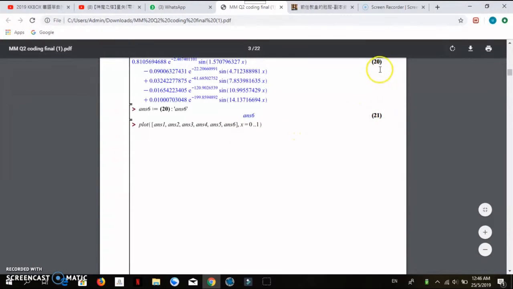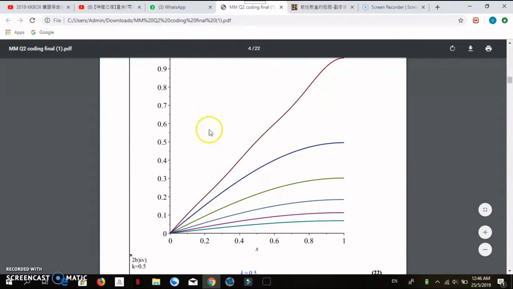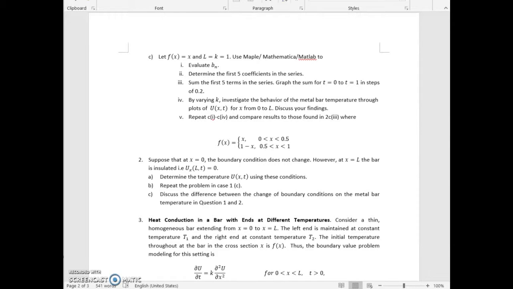So that's how we get the formulas. Then we will plot the answers found, for x equals 0 to 1. So this is the graph found. That's all. Thank you.